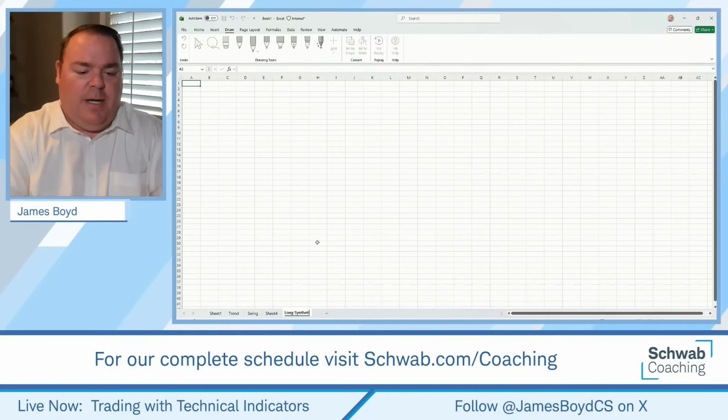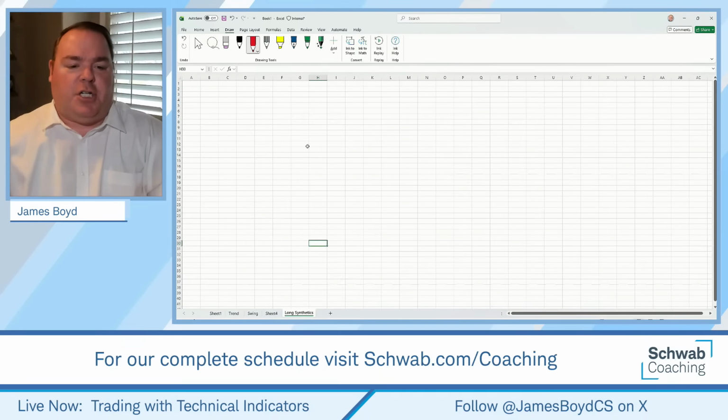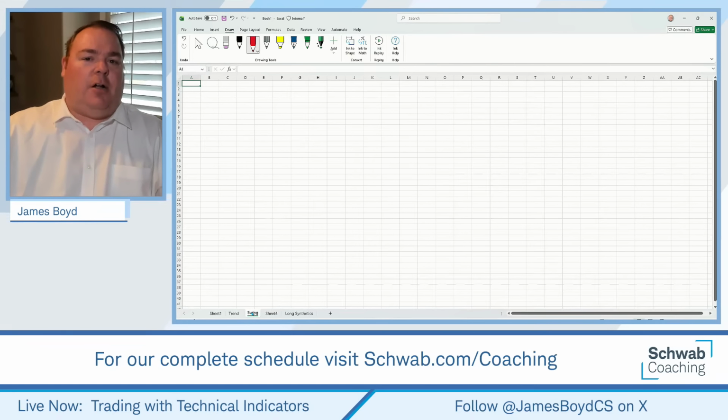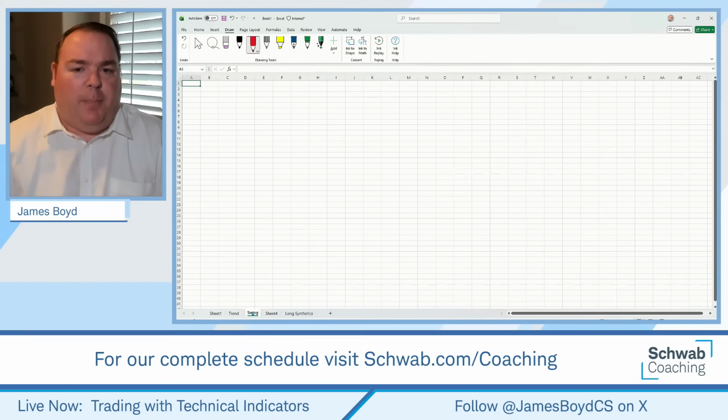We can just click on them. And this page would actually just be the long synthetic plan. So this page would be the trend plan down here at the bottom. That would really be swing. So what this should really look like at the end is each one of these tabs really becomes your sample plan that you would like to consider for yourself, okay?